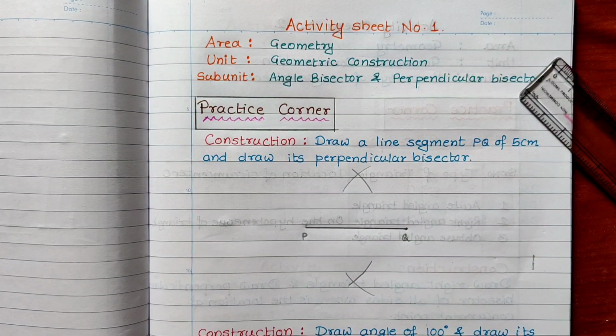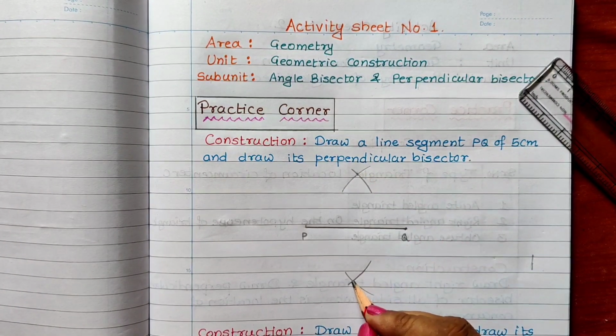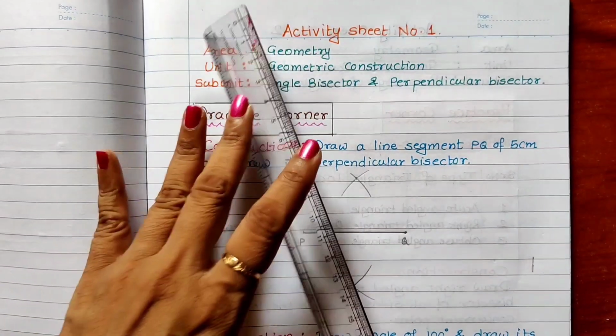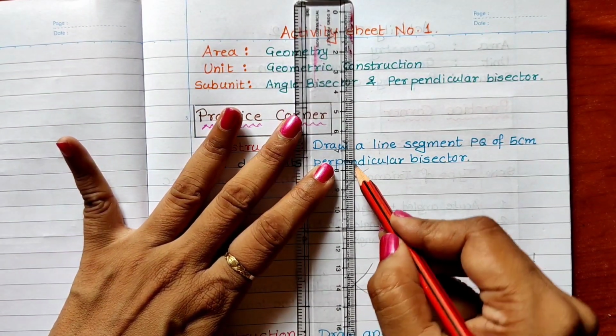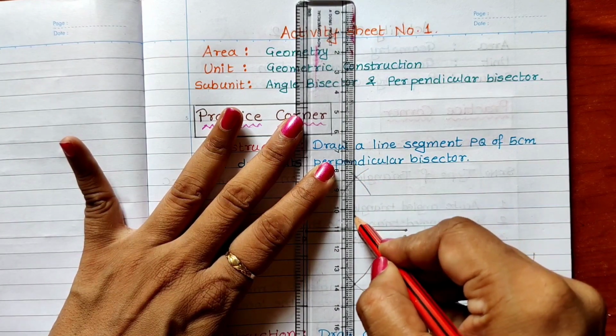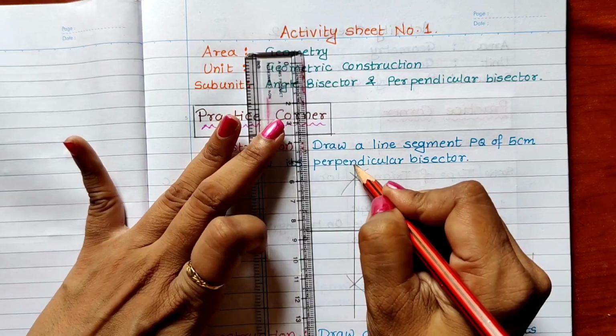Now we have got these two points. We will make them a little dark and we will draw a line passing through these two points. Draw it very nicely.